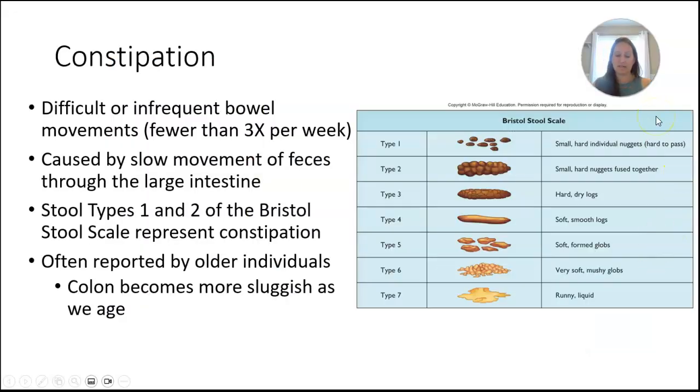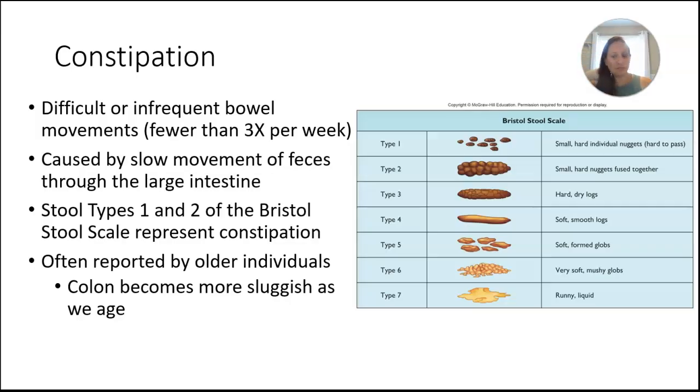Okay, on to constipation. I'm sure we all know what this is, but constipation is the difficult or infrequent bowel movement. So fewer than 3 times per week is considered to be constipation. This is caused by slow-moving fecal material through the large intestine.